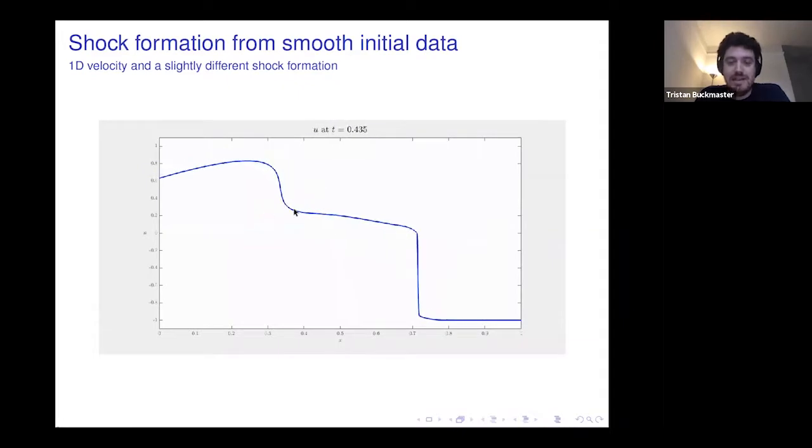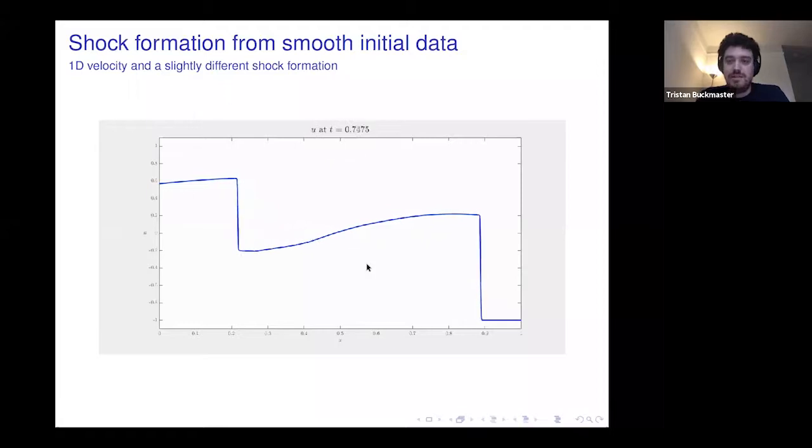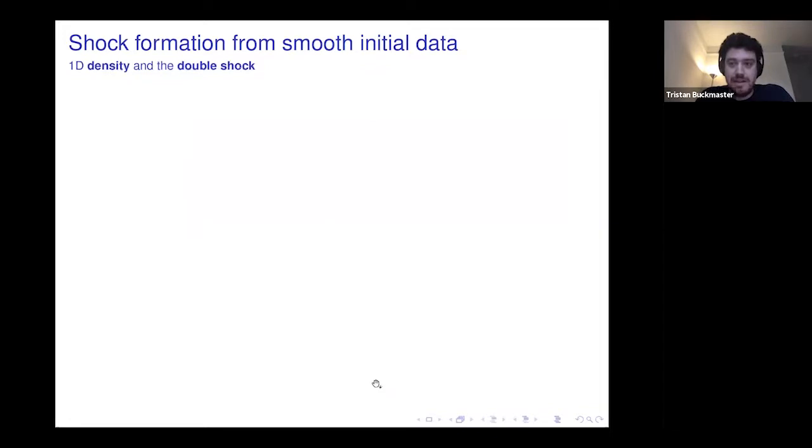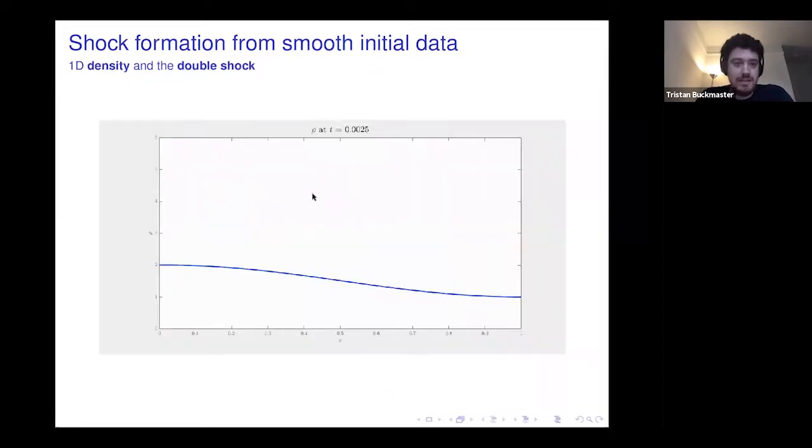It shows that for certain data, you can have instability. You can pick the data in a particular way that two shocks could happen at once. But what we'll consider later is certain initial data where any small perturbation will lead to the same shock profile. So we won't have this kind of behavior happen. I'll explain that more later in the lecture.